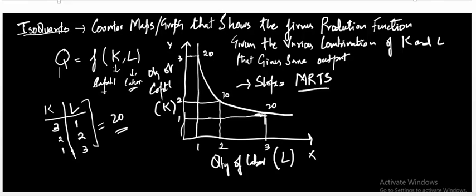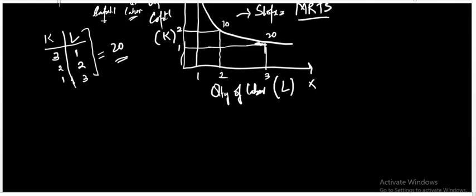Next I want to talk about the isocost line. Let me again make a graph where I take labor on the x-axis and capital on the y-axis. Now let me draw a straight line.